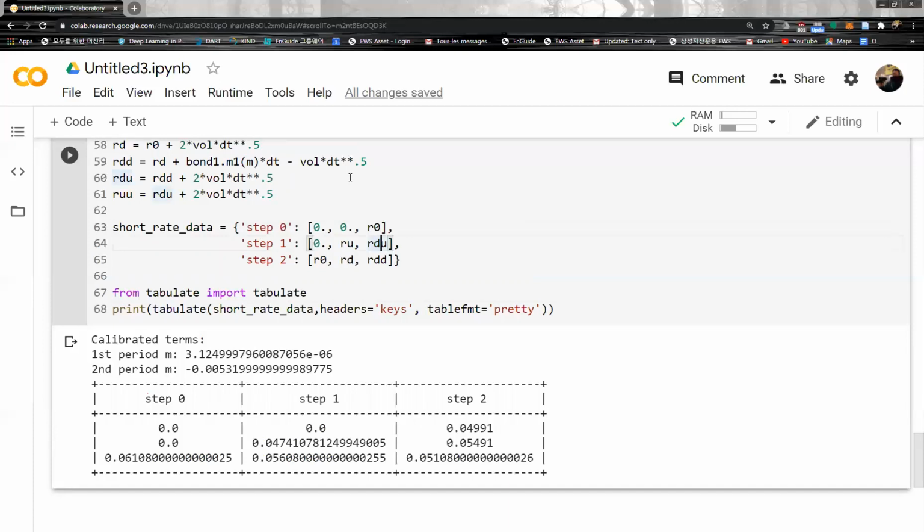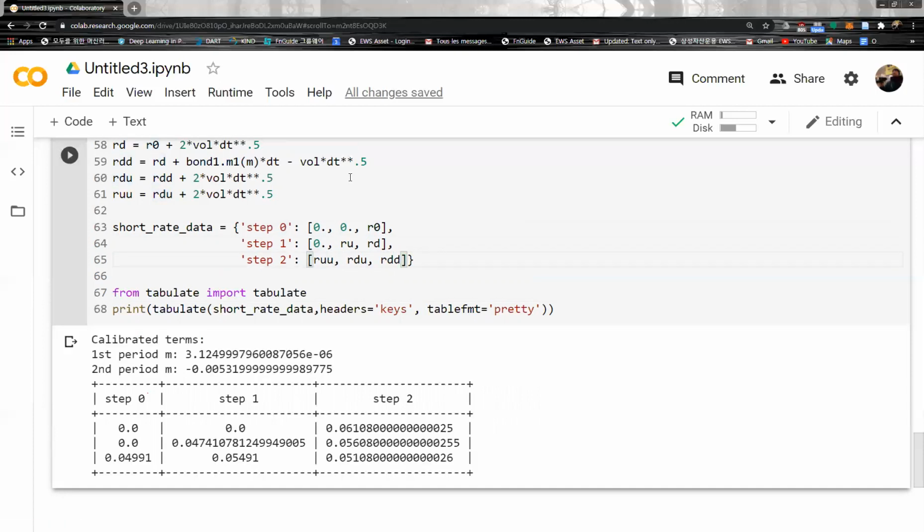And then this should be the RT, and this is RTD. And then this is RD, RU, RT, U and R UU. Okay. Okay, now this looks much better.